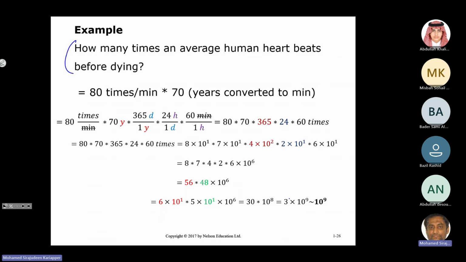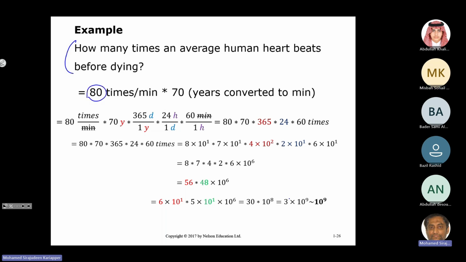As a medical student, you should know that. 70, 80, 90. It doesn't really matter, so let me take 80.